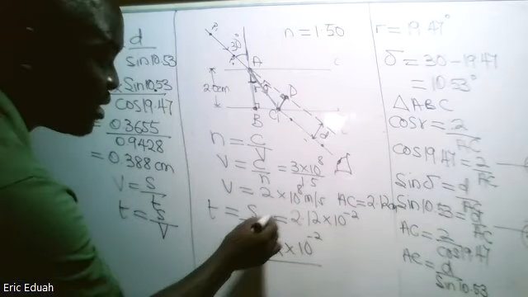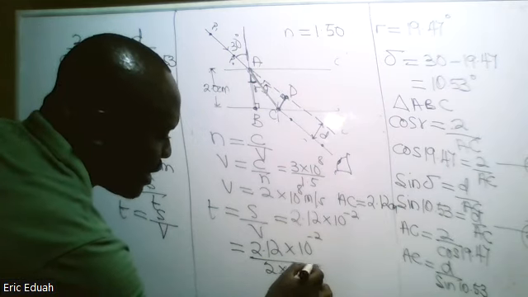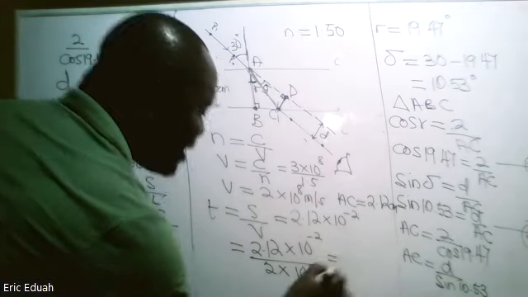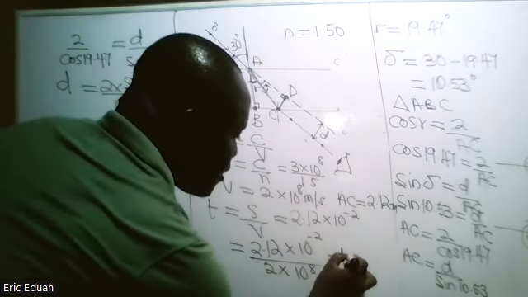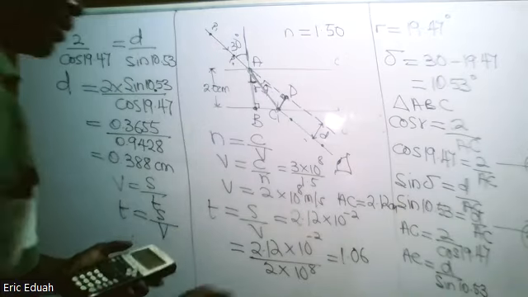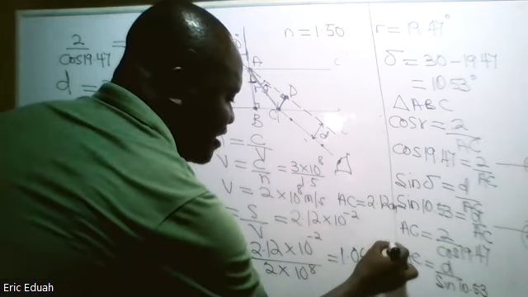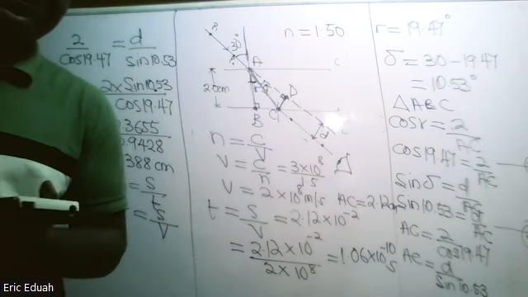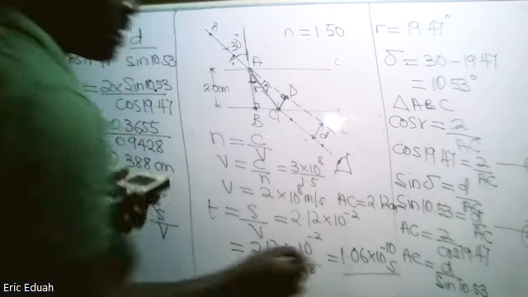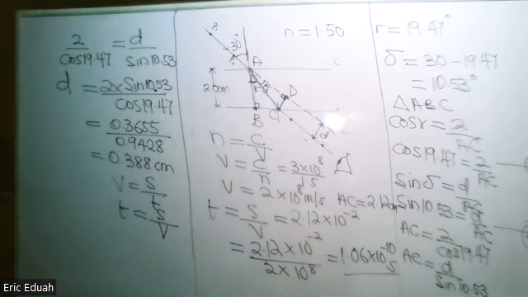V is what we calculated here, 2 times 10 to the power 8. So divide 2.12 by 2, we have 1.06 times 10 to the power negative 10 seconds. That's the time. So this is the answer for the time taken for the light to pass through the glass prism.